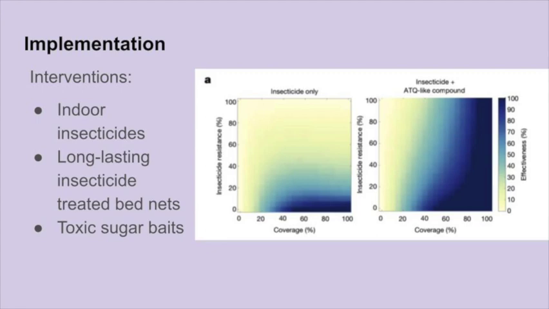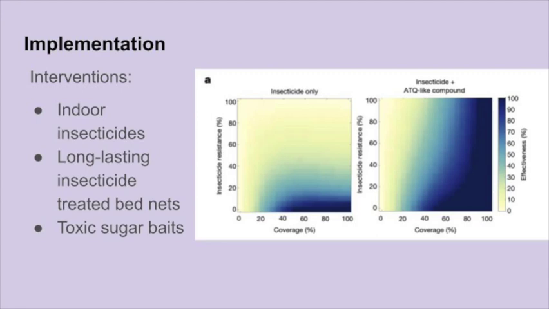The malaria transmission model used in the study covers coverage levels, insecticide resistance, and human infection prevalence. The graphs illustrate that nets treated with a combination of insecticides and ATQ consistently outperform those treated with insecticide alone, indicating the potential broad applicability and effectiveness of this approach in malarial control.